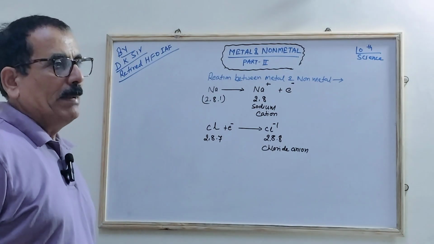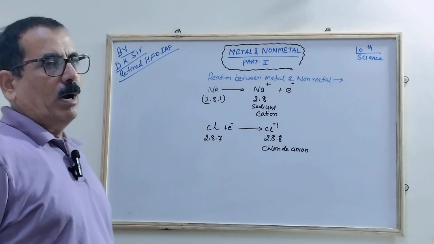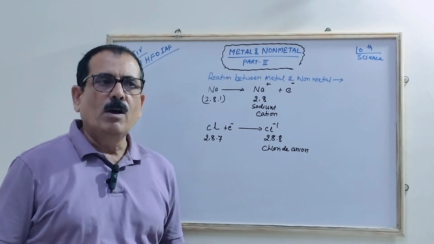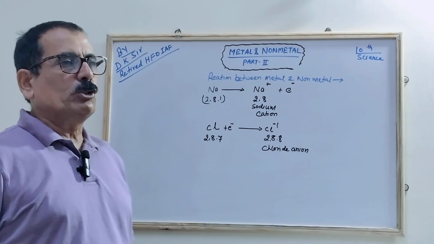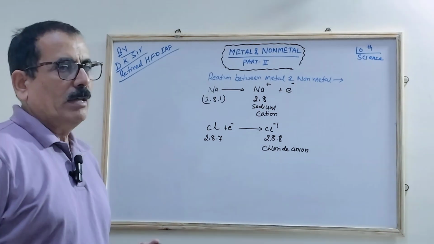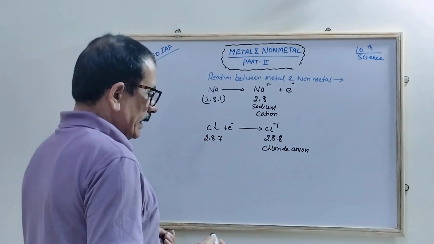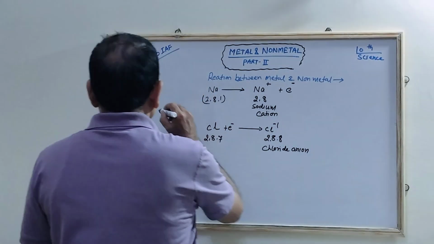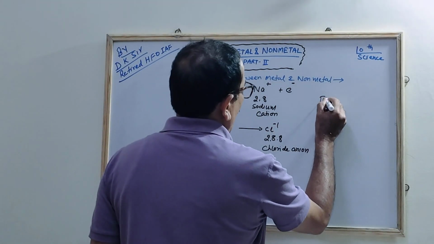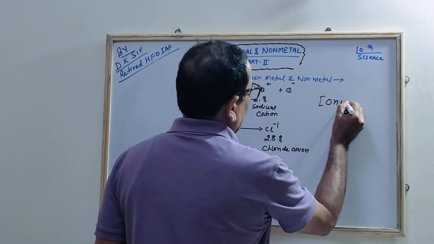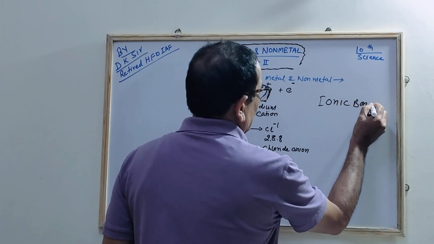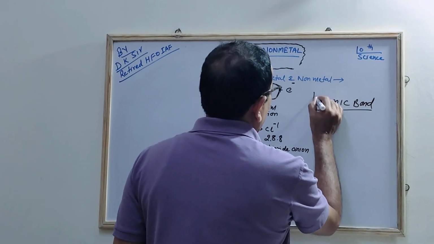So they are the metals. The non-metals are ready to accept the electron, so they are the acceptor. So the reaction between a metal and a non-metal is called the ionic bond.